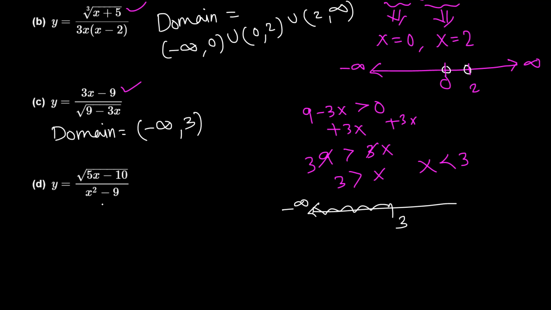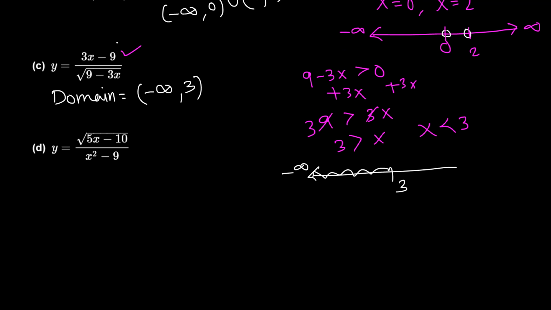Okay. Part D. So we have a square root on the top. The argument inside the radical sign, 5x minus 10, should be bigger than or equal to 0. In this question we can take equal to as well, because this is on the top and we can have 0 on the top. In the previous question we wrote strictly bigger than 0 because we cannot have 0 on the bottom.